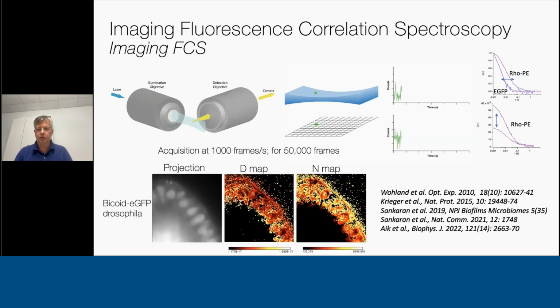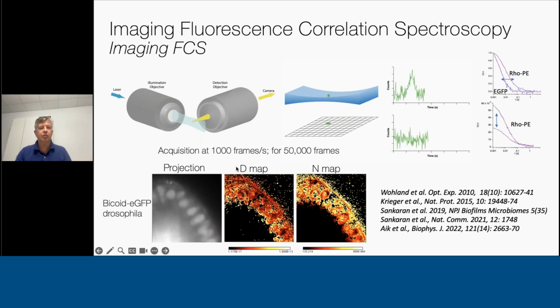And you can use this now to get from a measurement in your light sheet 3 things. The first is the projection. You get the intensity image, the one you typically collect with your light sheet. The second and the third are maps of the diffusion coefficient, so the width of the correlation function, and the concentration N map, that is the amplitude of the correlation function for every single pixel.